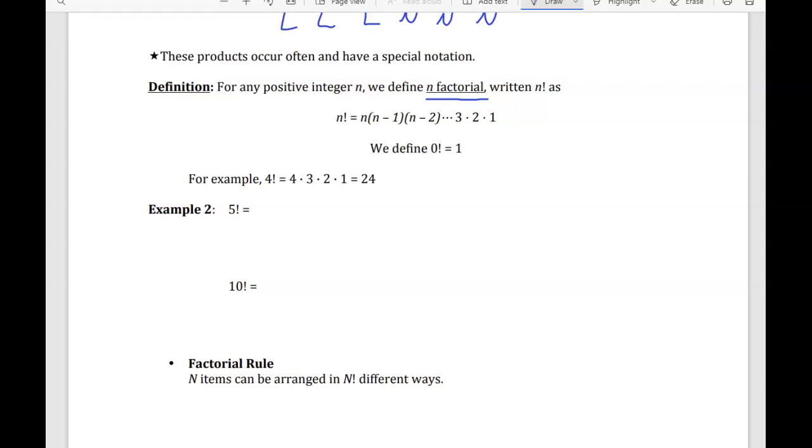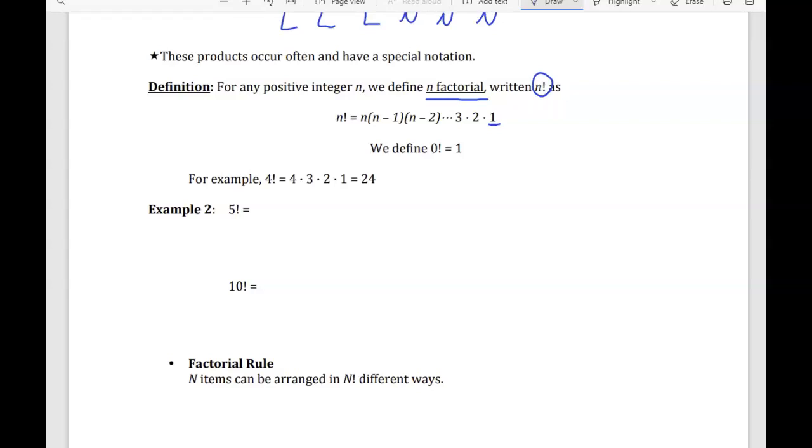Factorial, this exclamation point, what it's doing is it's taking from that number all the way down to 1. And so, like if I look at 4 factorial, that is 4 times 3 times 2 times 1, which would give me 24. Now notice, we define 0 factorial as 1, mainly because we've taken everything away except the 1.